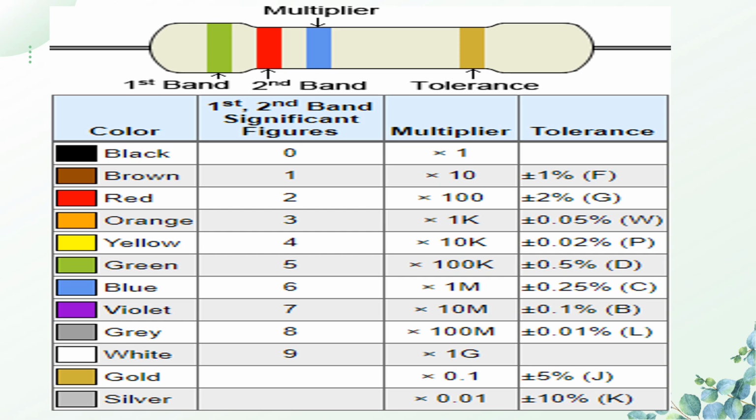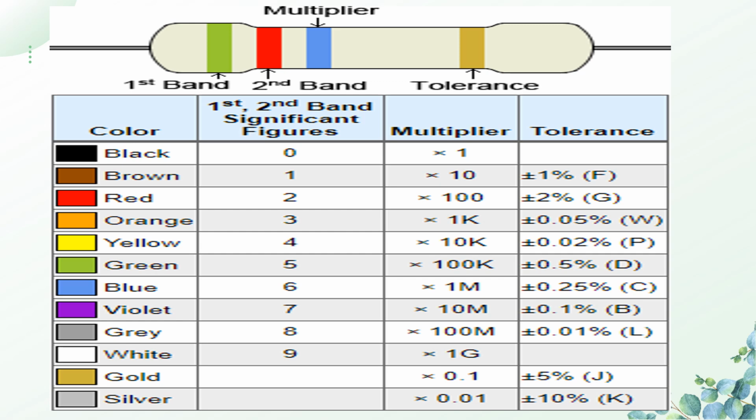Just look at the table here. For green, we have the value 5. So the first digit used to represent resistance is 5. And the second band is red in color. For red, we have the value 2. So by combining green and red, the value from the first 2 bands is 52.